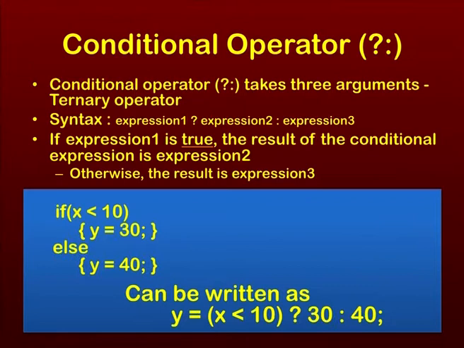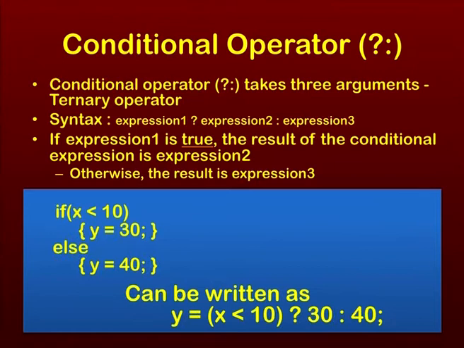The syntax is expression 1 question mark, expression 2 colon, expression 3. It means if expression 1 is true, the result of the conditional expression is expression 2, otherwise the result is expression 3. For example, if x is less than 10, y is equal to 30, else y is equal to 40.